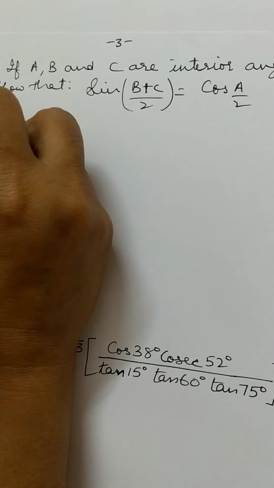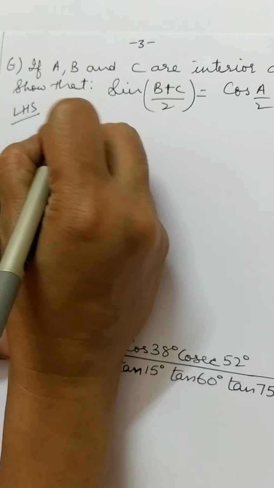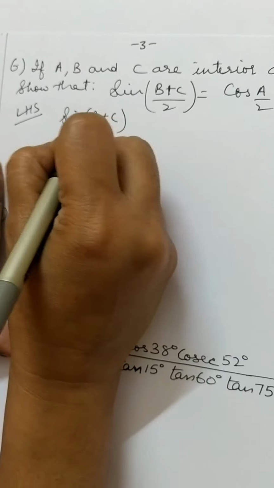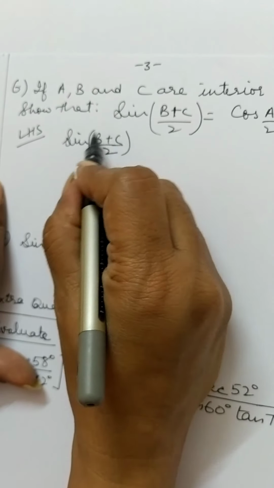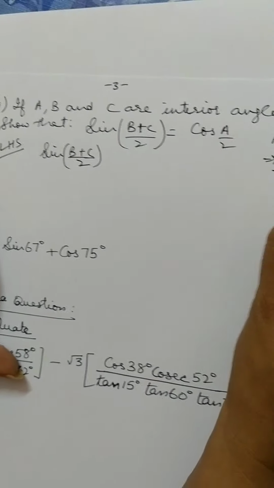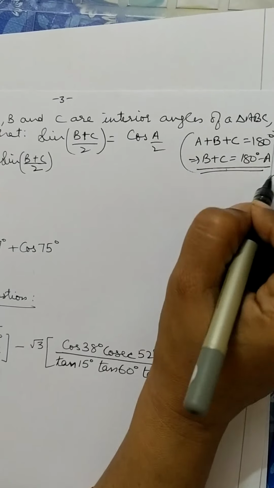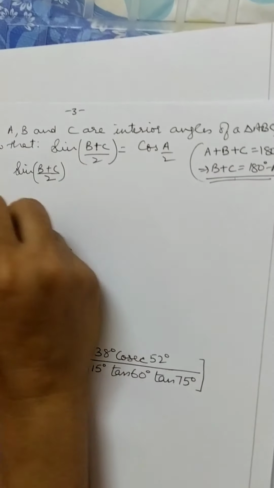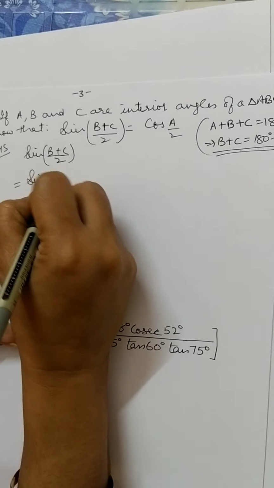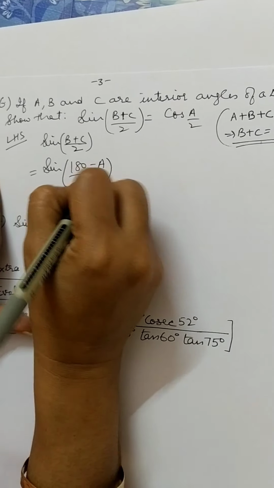Left hand side, let us start. Sin (B plus C upon 2). In place of B plus C, we can write 180 minus A. So it will become sin (180 minus A) upon 2.